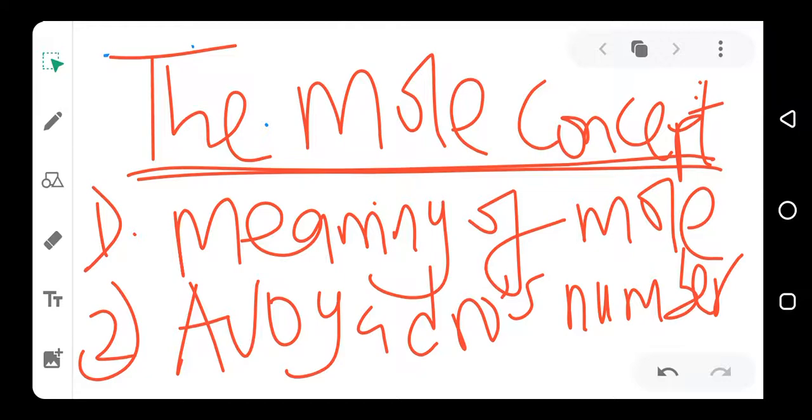Dozen talks about 12 items, while mole talks about 6.02 × 10^23 items or particles of a particular substance. This 6.02 × 10^23 is what we call Avogadro's number. It was Avogadro that first gave us the idea of that number, so we call it Avogadro's number.